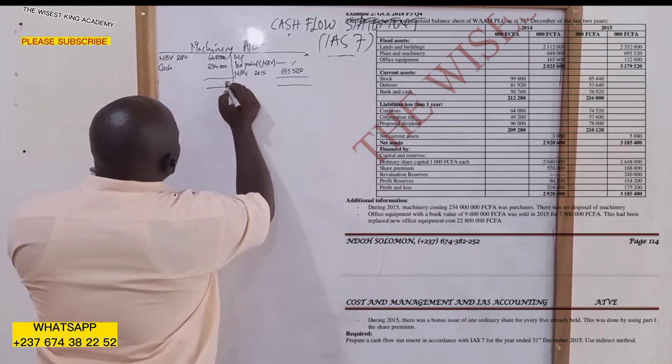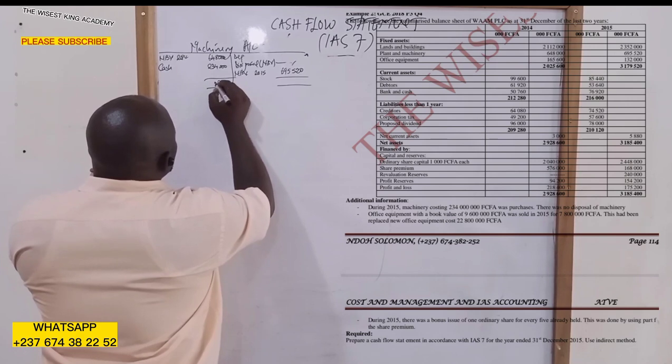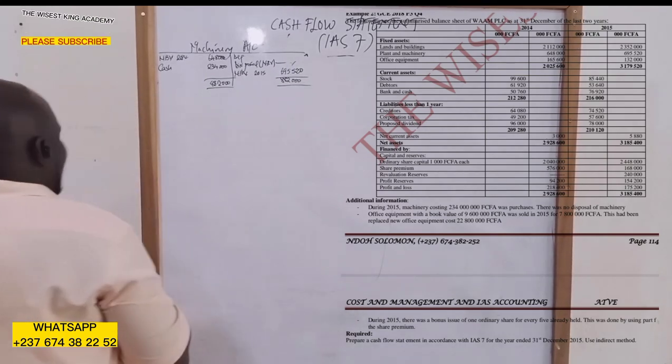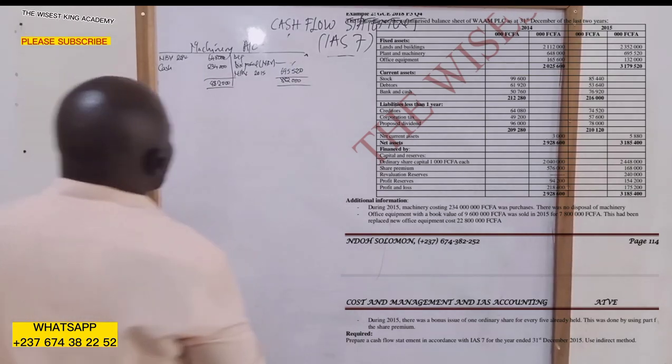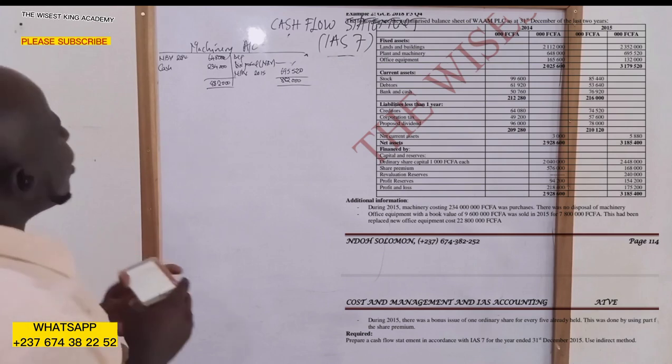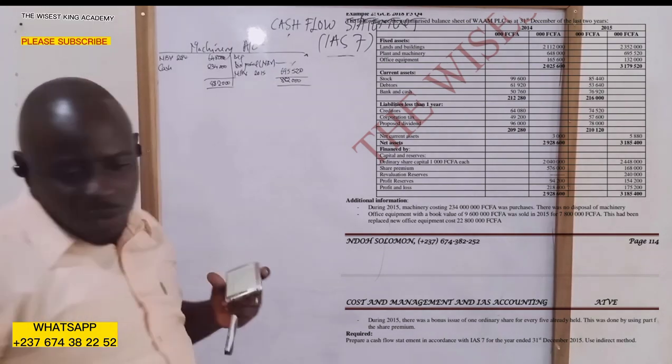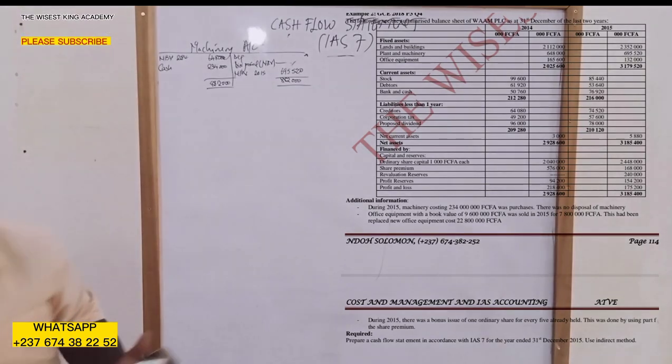We have 882,000, if I'm not making a mistake. Yes, that should be it. So we subtract from it the 695,520, which will give the value of our depreciation.